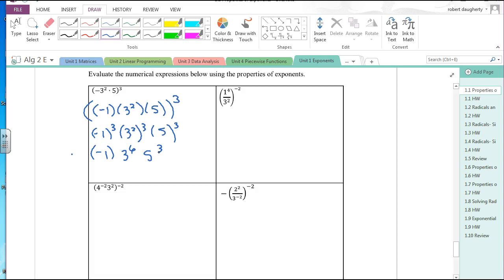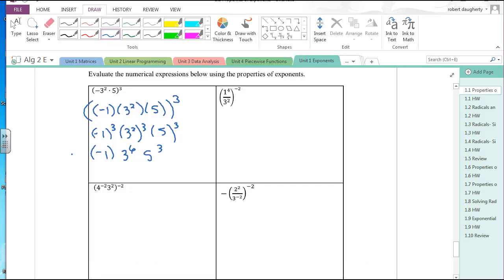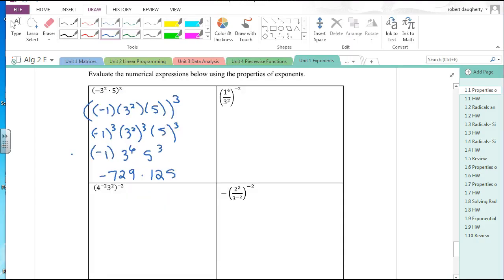If I don't know that, 3 squared is 9. 9 times 3 is 27, so it's 27 times 27. So 3 to the 6 is 729. So this is -729 times 125. There's a negative here. So 729 times 125, that's 91,125.